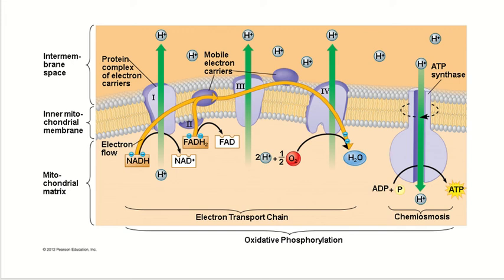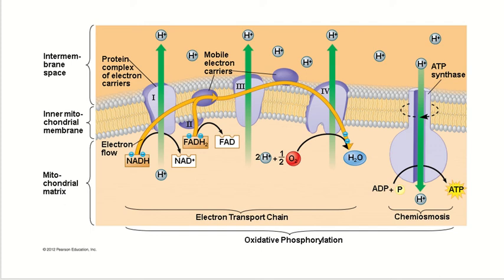Now in this case, NADH will donate 2 electrons to cytochrome 1, which in turn will pump 2 hydrogen ions from the mitochondrial matrix to the intermembrane space, as you can see in the figure. Now these 2 electrons from cytochrome 1 will be transferred to ubiquinone, which is a mobile electron carrier situated between cytochrome 1 and cytochrome 3.